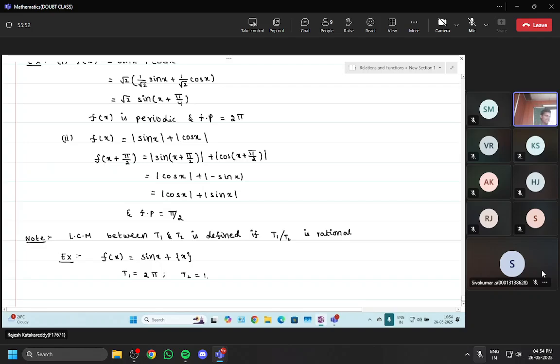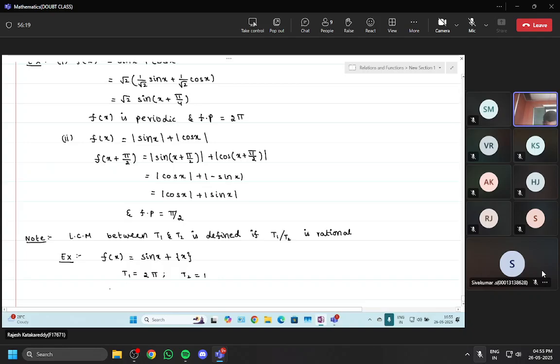See, LCM between 2 pi and 1 is not defined because LCM between one rational and one irrational we cannot find. LCM between two rationals we can find. LCM between two irrationals also we can find only if they are of the same type. Pi here, pi there, root 2 here, root 2 there. In that case only I can find one pi and one root 2. I cannot find LCM. For that only I wrote this point.